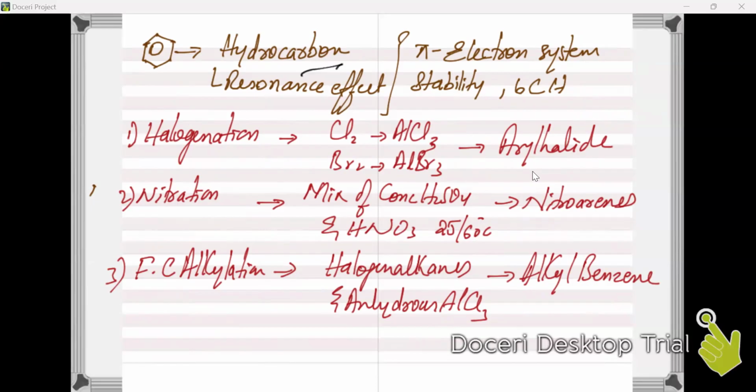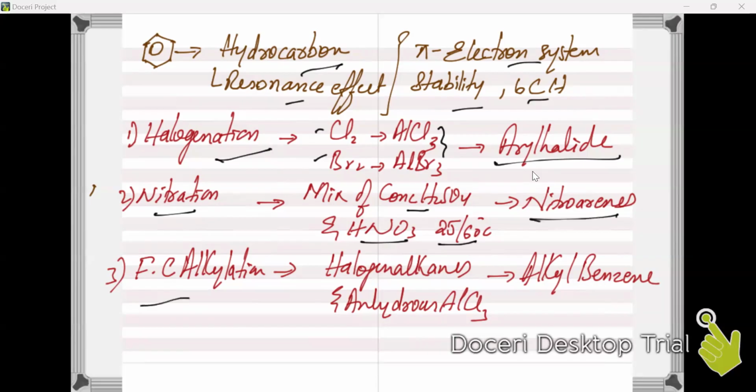Again, they are hydrocarbons. They have this resonance effect, which is a 6 pi electron system stability and a 6 carbon hydrogen compound. Halogenation happens with chlorine or bromine in the presence of these catalysts and gives us aryl halides. Nitration happens in a mix of concentrated sulfuric acid and nitric acid at a temperature of 25 to 60 degrees centigrade and gives us nitroarenes.